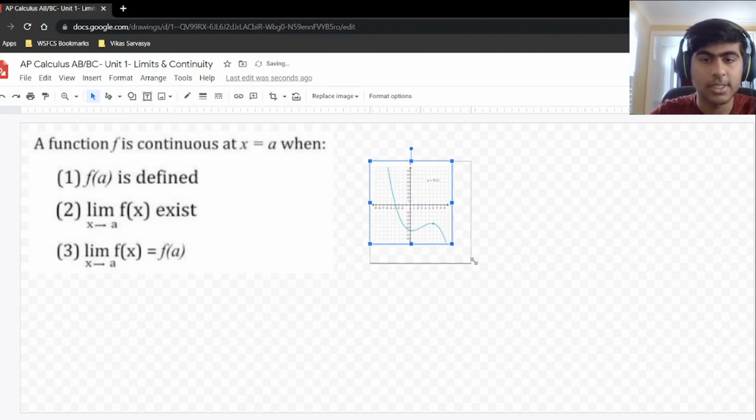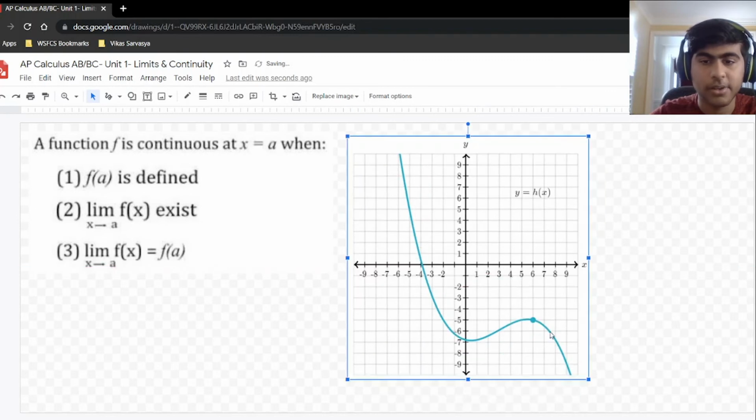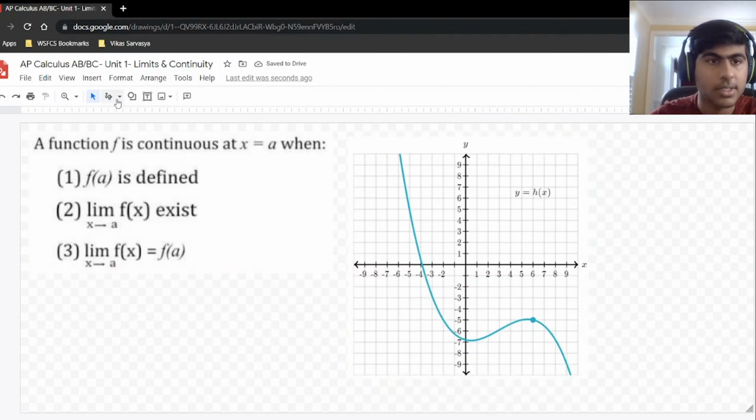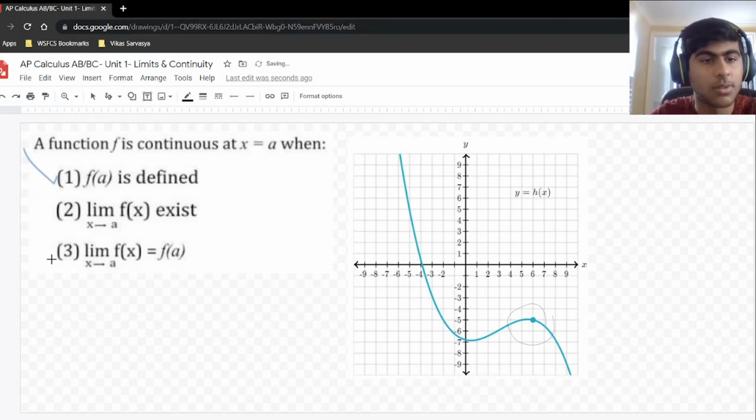Now this function is continuous, right? F of a is defined, right? It's down here at -5, y equals -5 at x equals 6. So this is true. The limit also exists from both the left-hand side and the right-hand side. We approach -5. So the limit also exists.